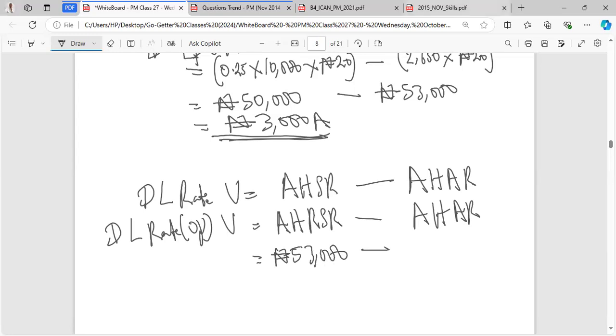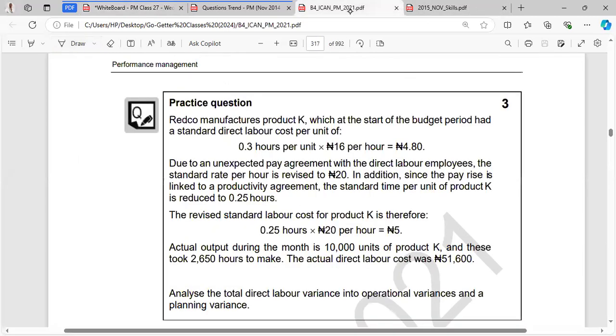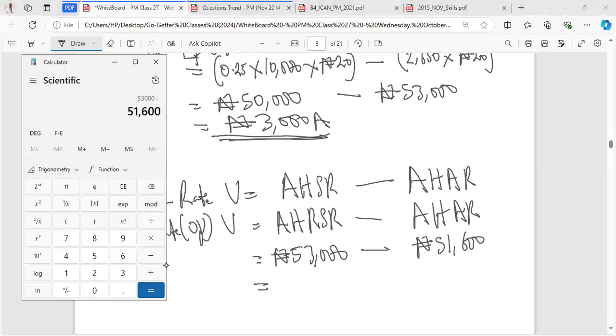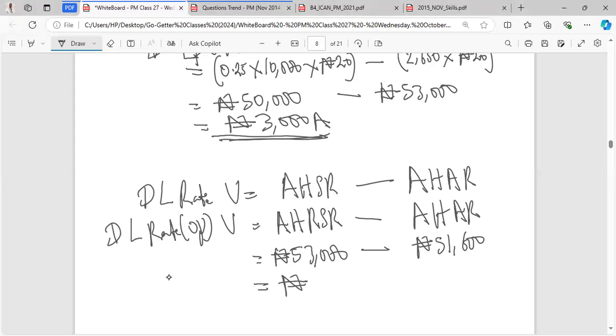Then how much did we spend? 51,600 is the actual thing we spent. So we're supposed to spend 53,000, and we now actually spent 51,600. So 53,000 minus 51,600 gives you 1,400 favorable.